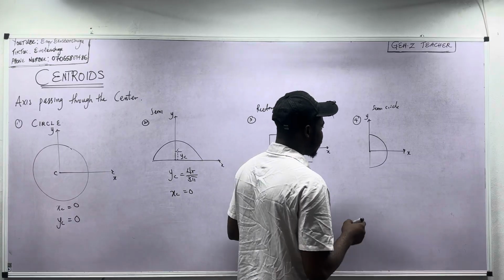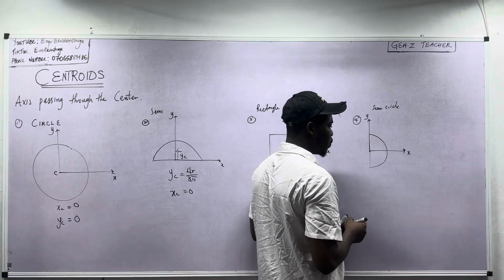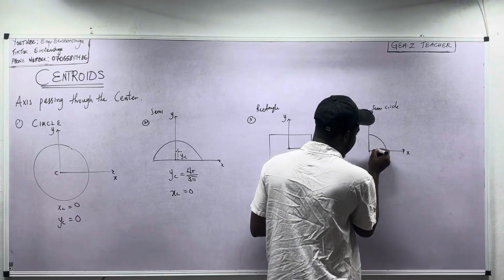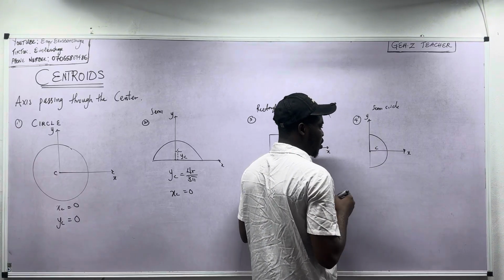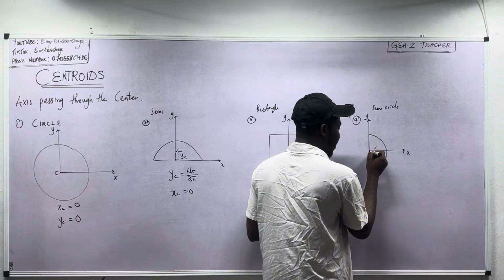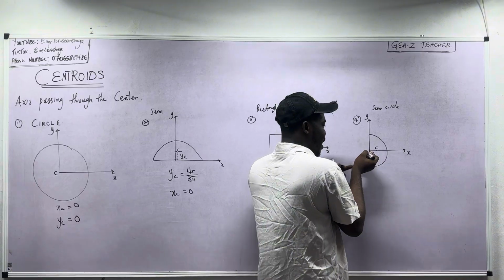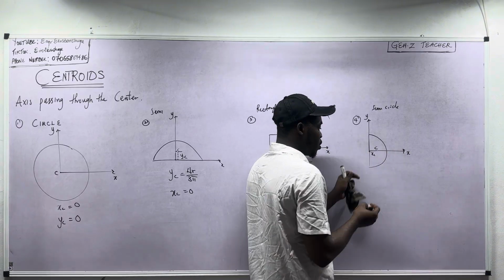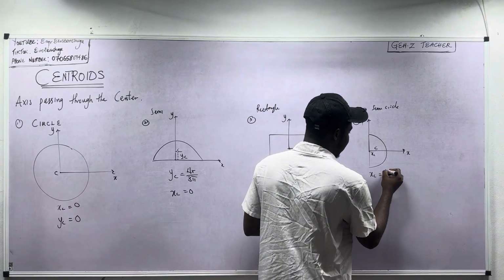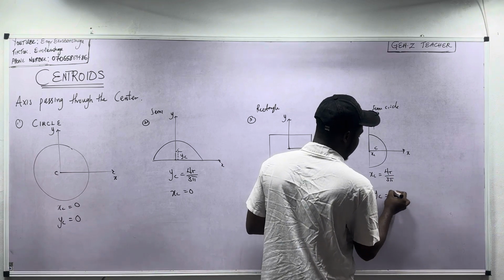Now for this shape, the axis is at the base of the semicircle. Remember, this can be the center of the shape, so the distance from the center to the y-axis can be known. That's the x-centroid, but we cannot find the y-centroid because the x-axis is at the middle. So for this shape, the x-centroid is 4r over 3 pi, while the y-centroid is just 0.